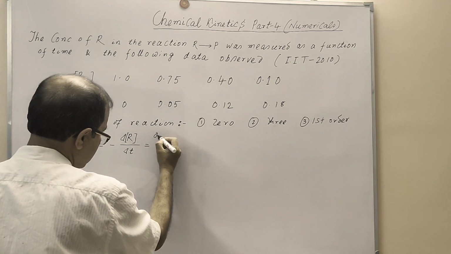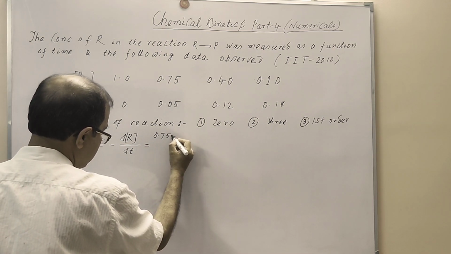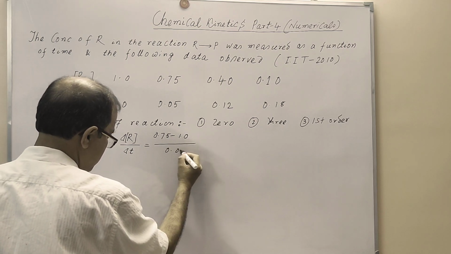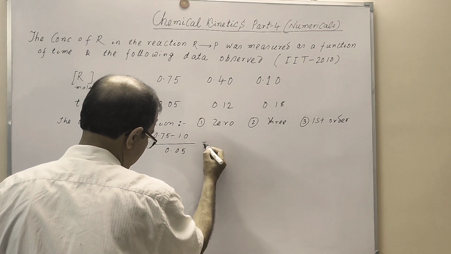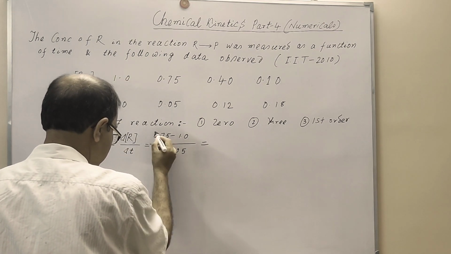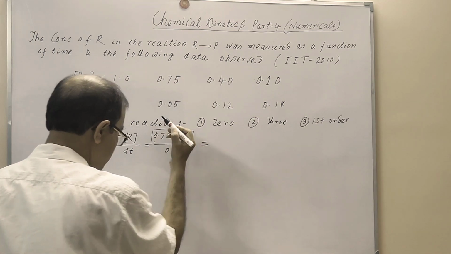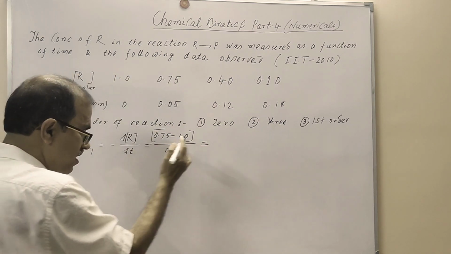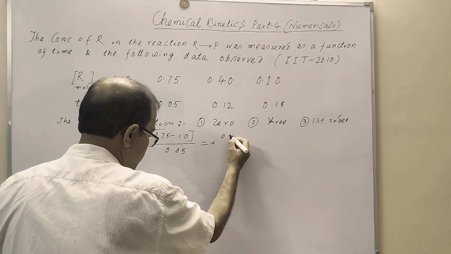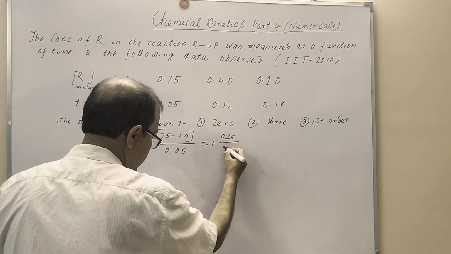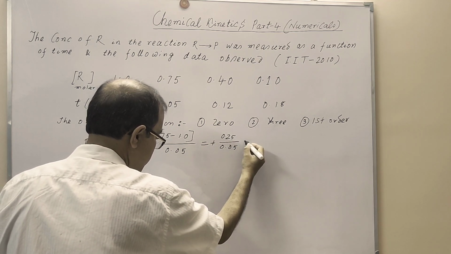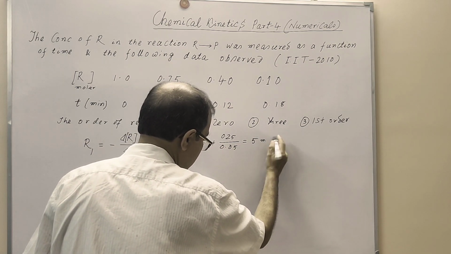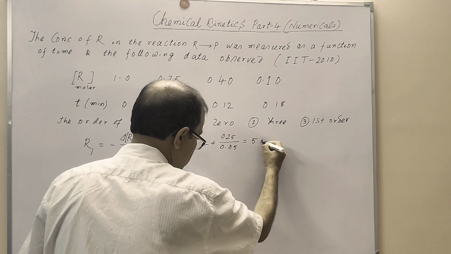So we can write 0.75 minus 1 divided by 0.05, and it will be minus. So this will be minus and minus, which gives plus 0.25 divided by 0.05, which comes to around 5 mole per minute.